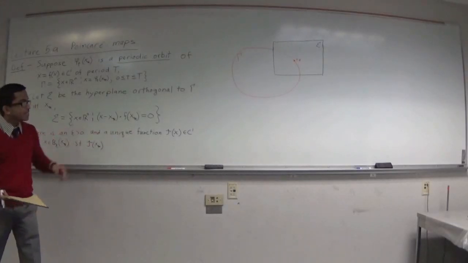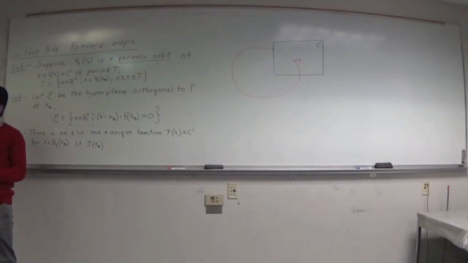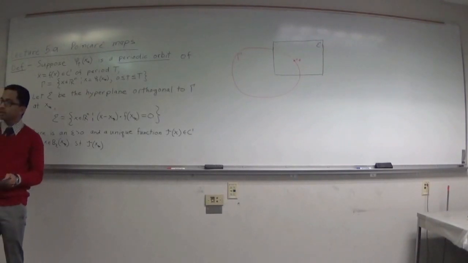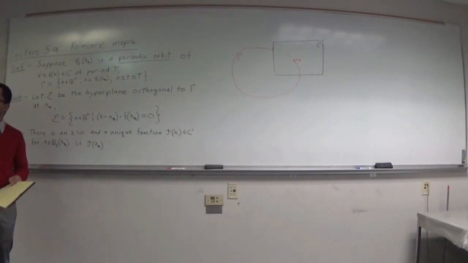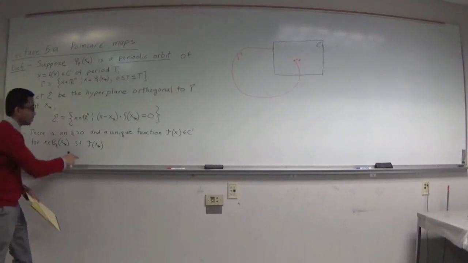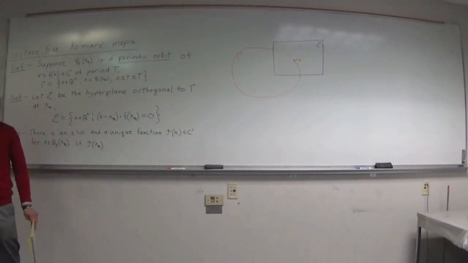Now, tau of x is going to be the time that some x takes to come back. Basically, tau of x is the time that you evolve x until the next time that it hits that transversal, that sigma. So what do you think tau of x star would be in this case?